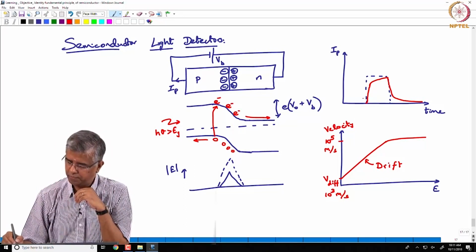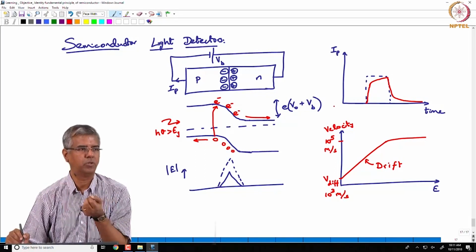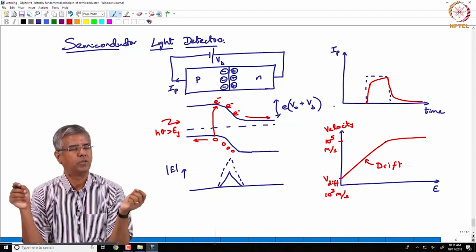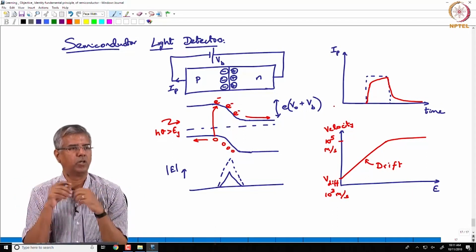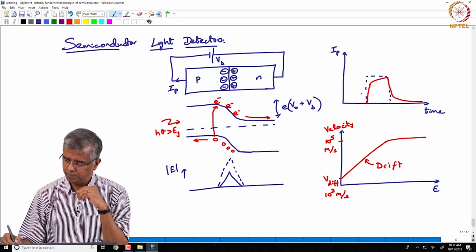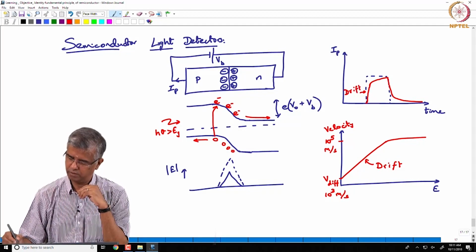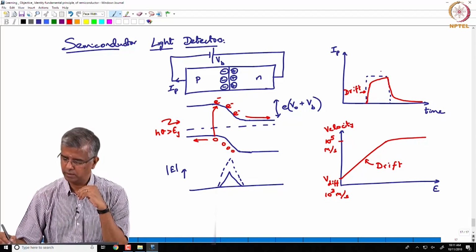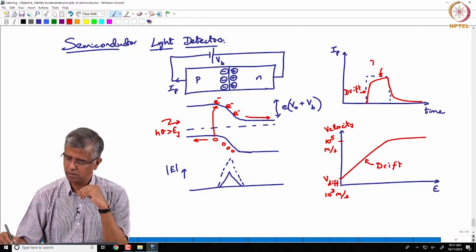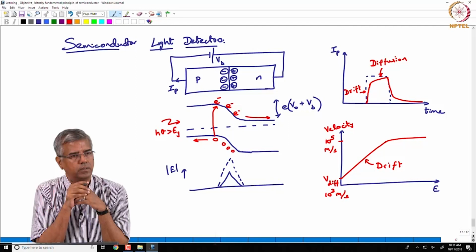Now, clearly any charge under the influence of the electric field is going to have a higher velocity. So, those are the charges that are going to come out and contribute to the external photocurrent, right. So, in this region we have drift and then this slow response actually corresponds to diffusion, right.